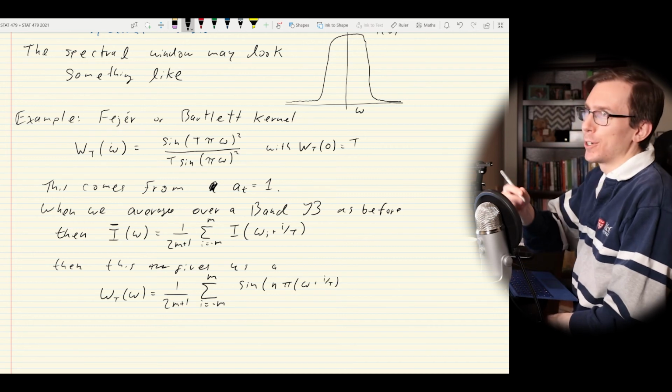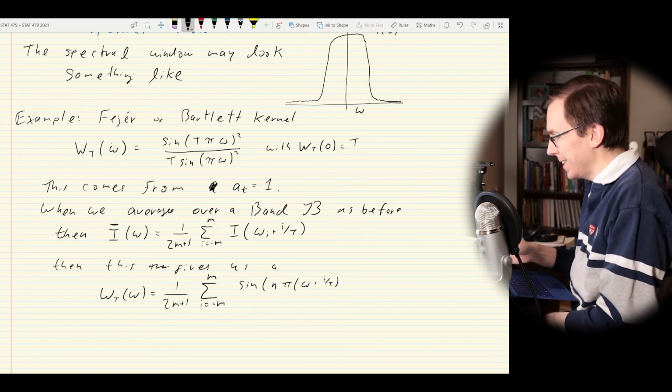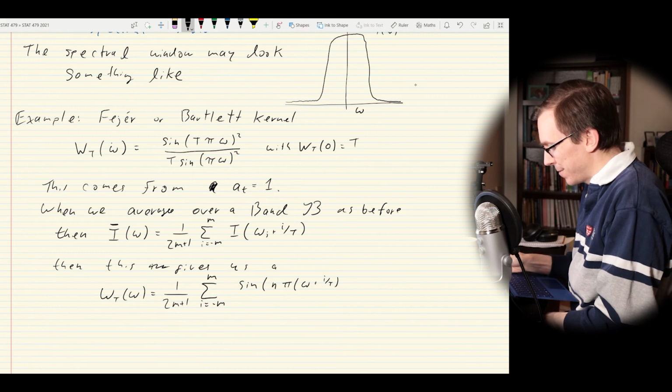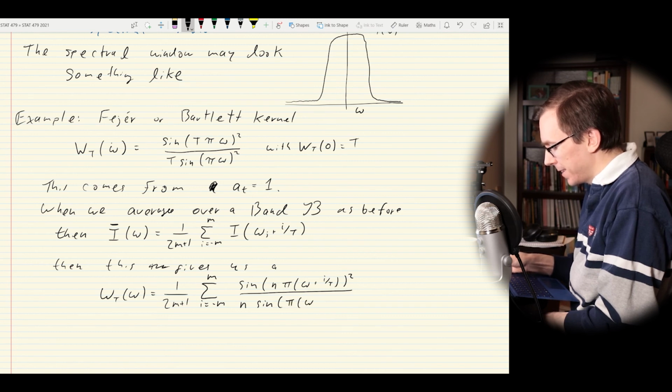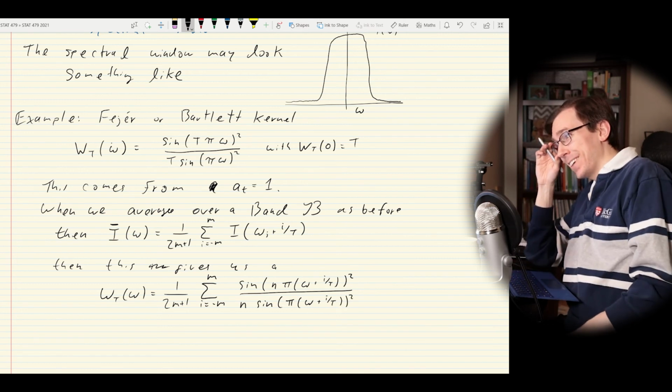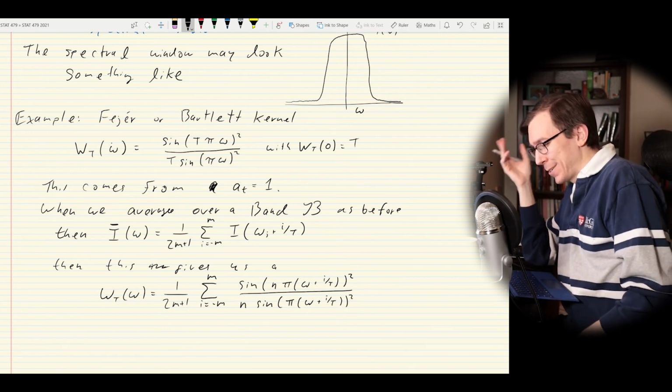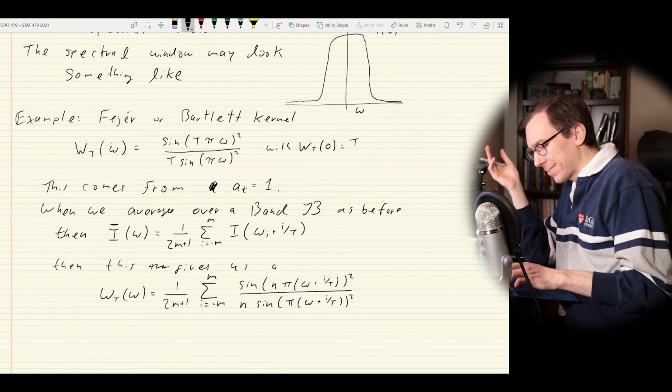So that same kernel, but offset by some phase in terms of the adjacent frequencies that we're averaging over. And then we have pi with no n, because the n is outside the sine now, i over t, squared. Whew. Okay, so that's another big formula.